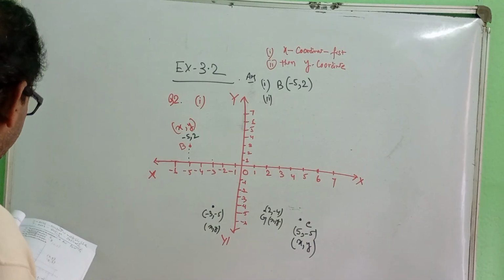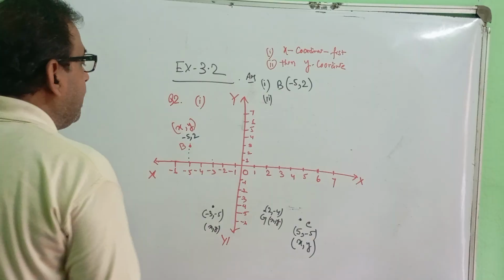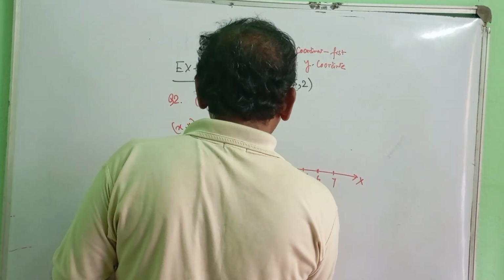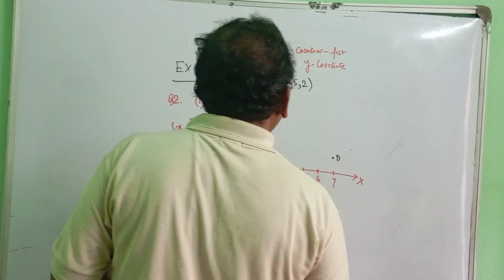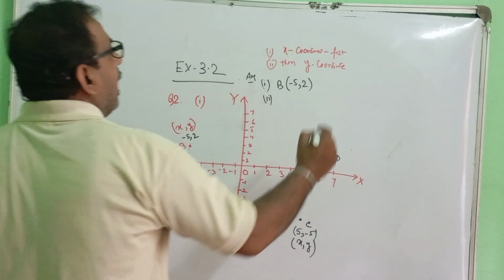Now they have asked about the abscissa of D. Now they have given a point over here. Now what is abscissa?